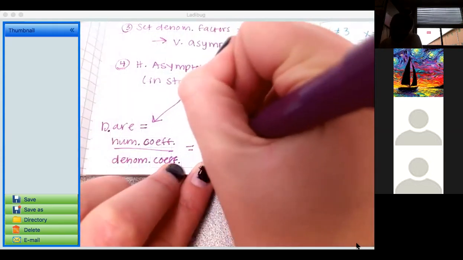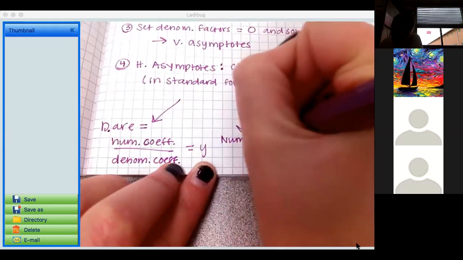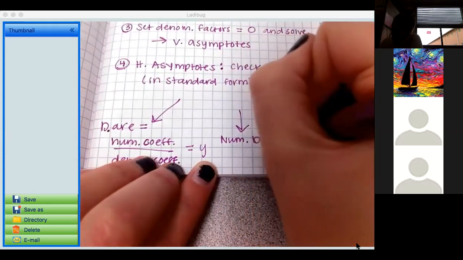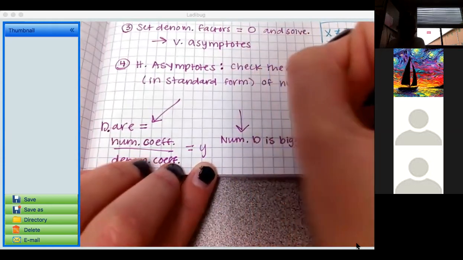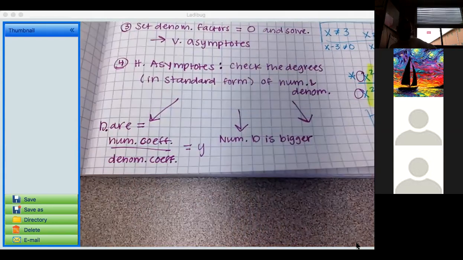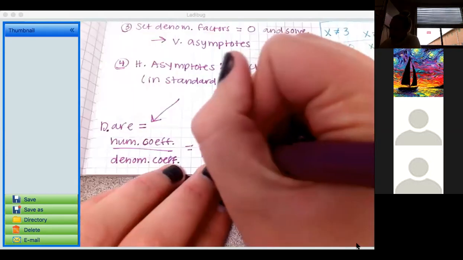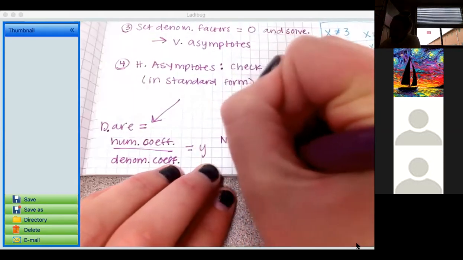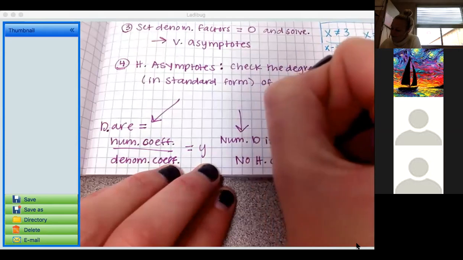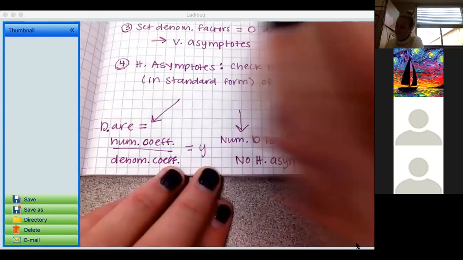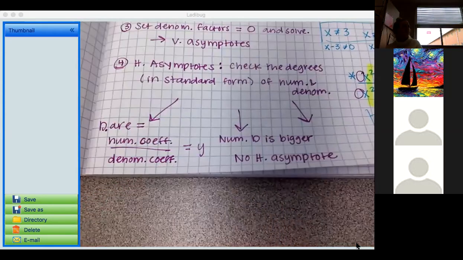If the numerator degree is bigger, anybody want to guess what happens, or y'all are at this point just like, no, just tell me? Okay, if the numerator degree is bigger, you don't have a horizontal asymptote. No horizontal asymptote. Yay. That's our favorite. Doesn't happen often, but that is the best case scenario.